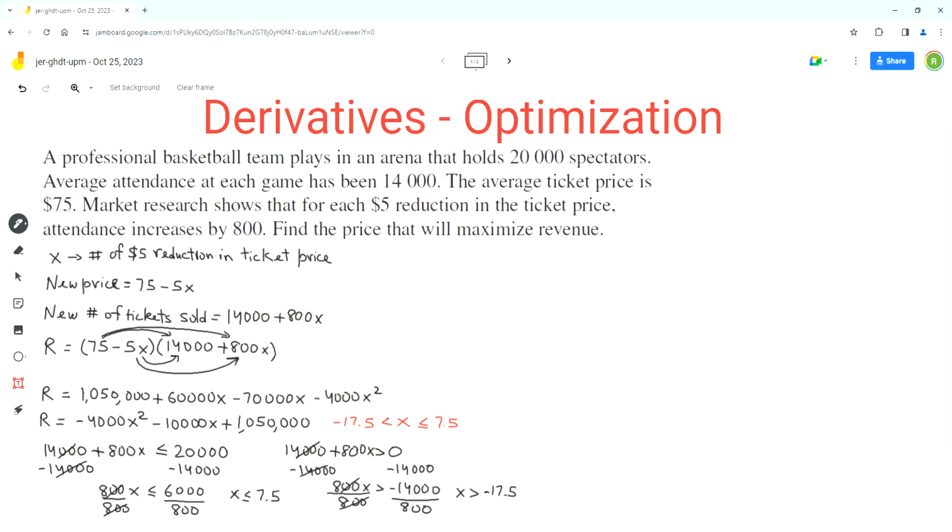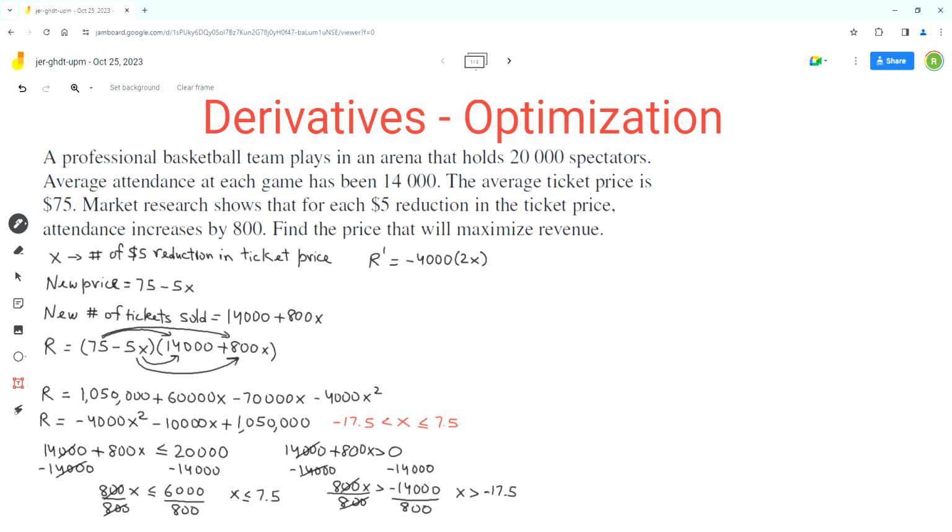So we'll find the derivative of this r function and then set it equal to 0 and solve for x. So we'll start with r prime equals. In the first term the negative 4,000 is the coefficient, so it will stay the same, and as per the power rule the derivative of x squared is 2x.